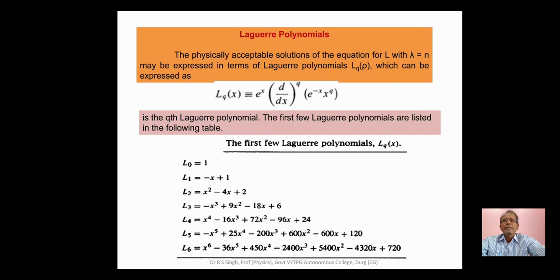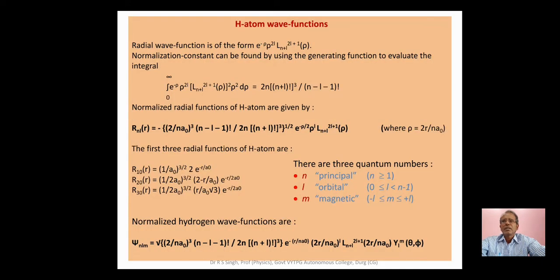The qth Laguerre polynomial is expressed as exponential x d upon dx to the power q, exponential minus x times x to the power q. First few Laguerre polynomials are listed in this slide. We had the radial wave function in terms of Laguerre polynomial as exponential minus rho to the power 2l, L function of rho.